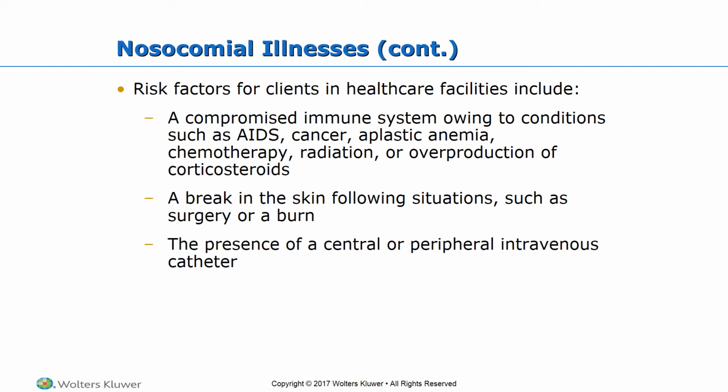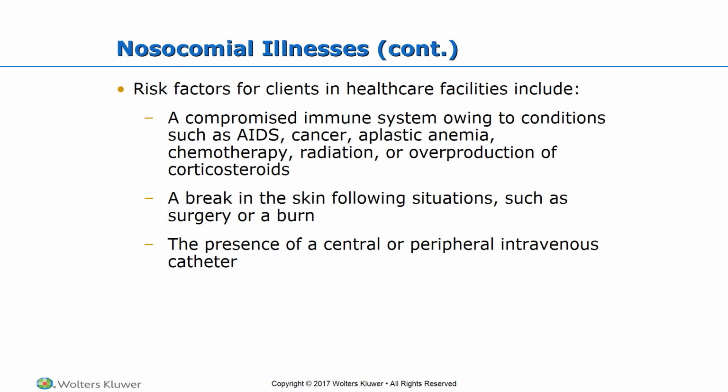Chemotherapy and radiation, treatments for cancer and other conditions, can cause a heavy impact on the bone marrow, again decreasing the production of white blood cells and increasing the risk for developing an infection.